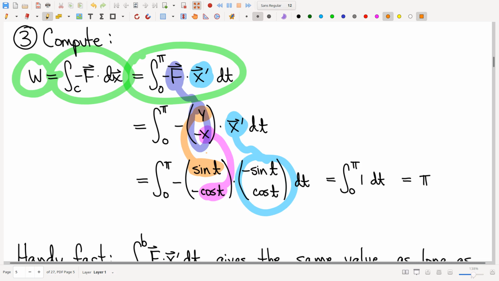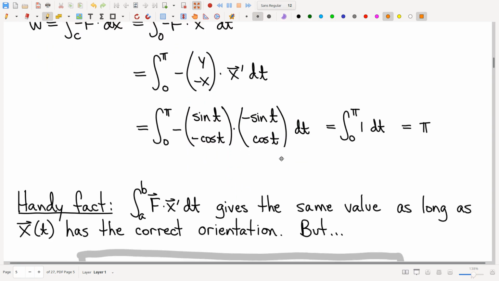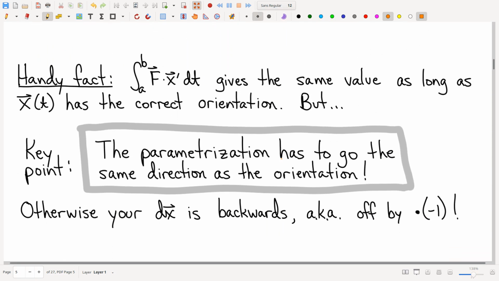Okay. Now we saw with scalar line integrals that how you parameterize doesn't matter. And it's tempting to say that the same thing is true for vector line integrals, and it almost is. It's not quite. It does matter a little bit how you parameterize. You have to keep in mind here, your integrand is not a curve. Your integrand is an oriented curve.